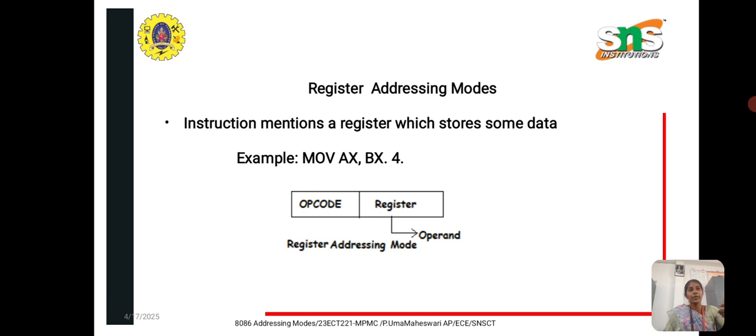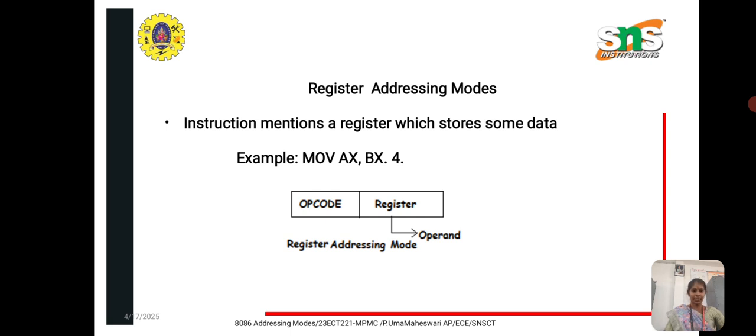The instruction specifies a particular register as a source or a destination of the operand. Here BX is the source and AX is the destination. So the content is saved from B to A. This register contains the actual data being used in the operation.